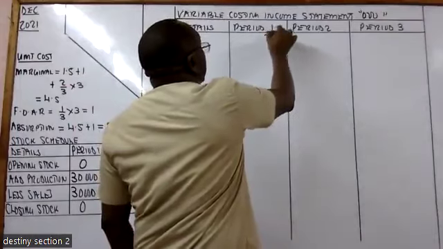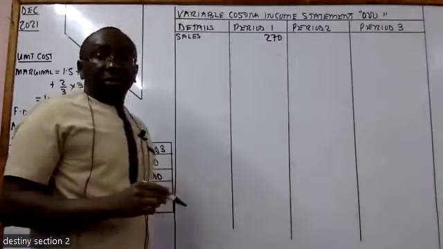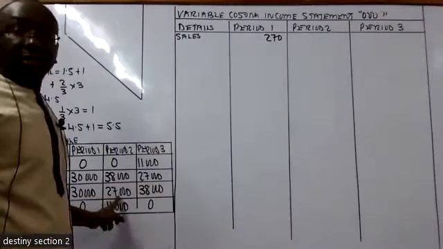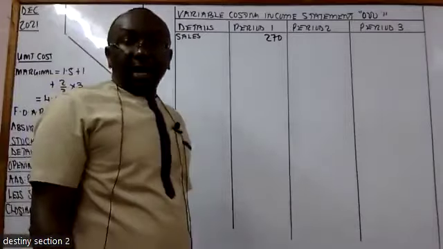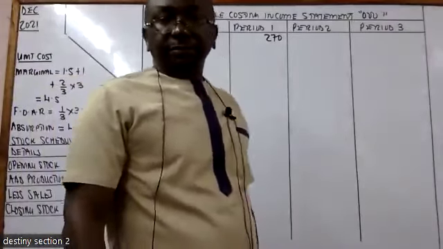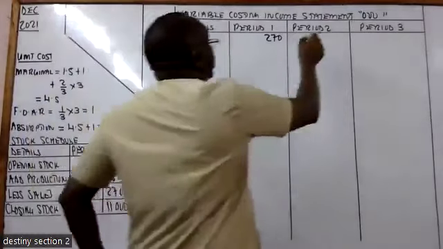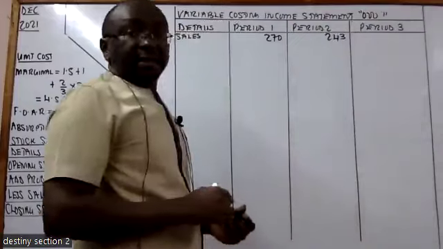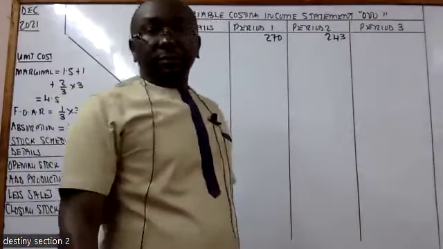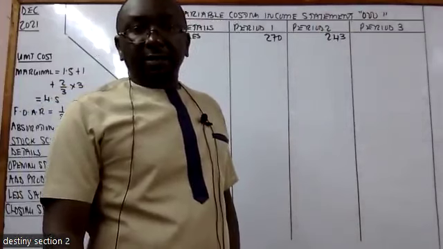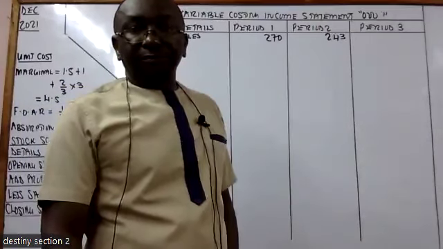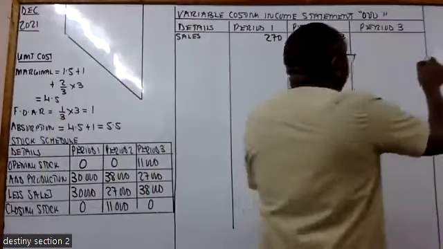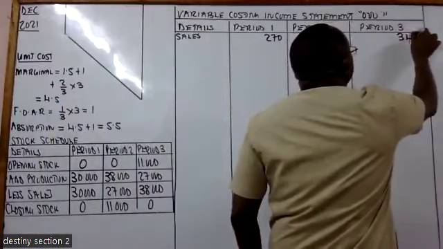Here we are not going to show the workings because the space is squeezed. The same case here, 9 times 27 is 243. 9 times 38 is 342.